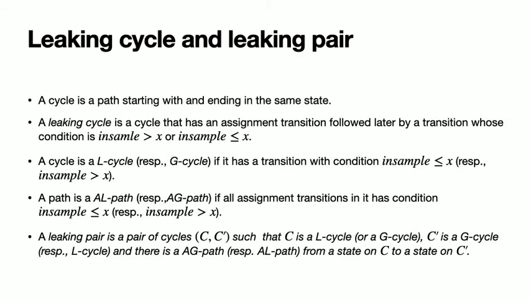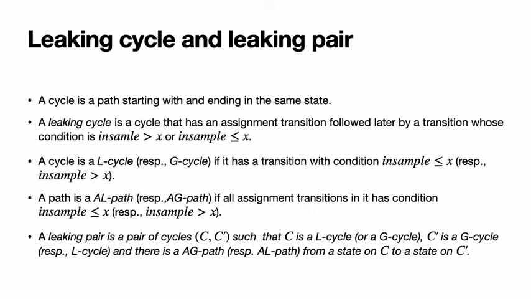Now we define new concepts like leaking cycle and leaking pair. First, a cycle is a path starting and ending with the same state, and a leaking cycle is a cycle that has an assignment transition later followed by a transition whose condition refers to the variable x.